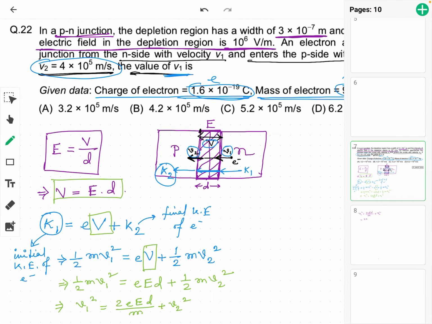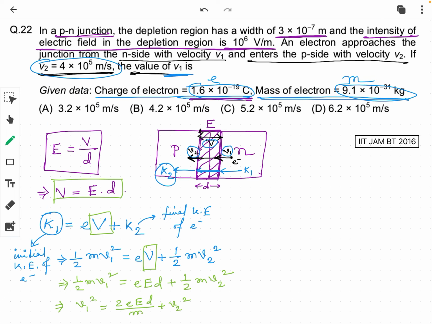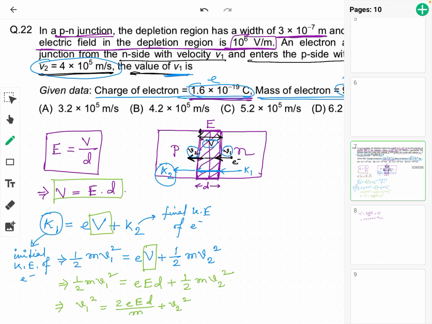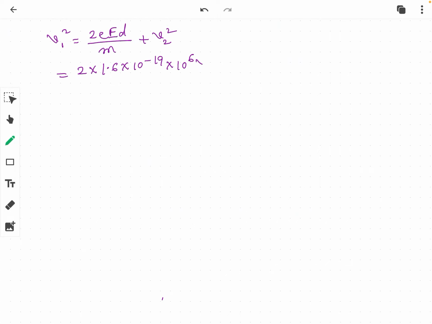If we put the values of each: 2 into, see here, small e is 1.6 into 10 to the power minus 19, capital E is 10 to the power 6 volt per meter, into d, that is 3 into 10 to the power minus 7 meter, divided by 9.1 into 10 to the power minus 31, because the mass of electron is 9.1 into 10 to the power minus 31.